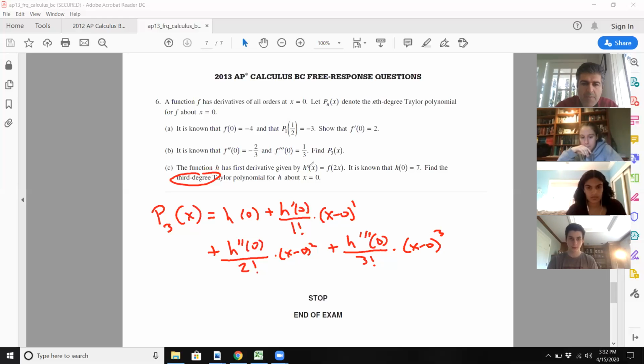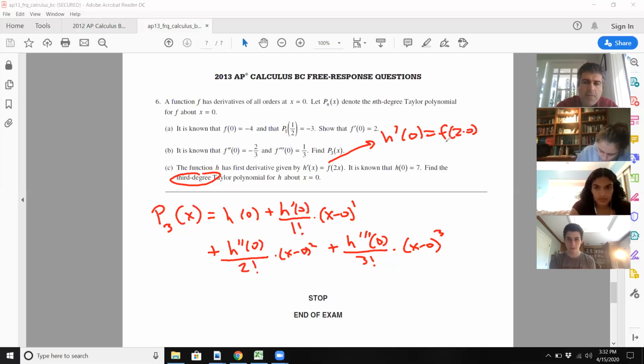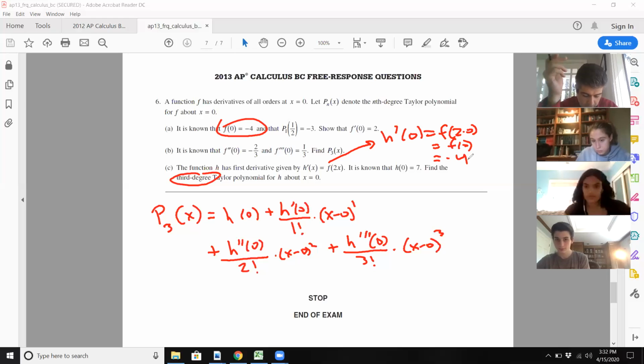But it is related to f, because h prime of x is f of 2x. So h prime of 0 is f of 2 times 0, which is f of 0, which we kind of already know from over here. So that should be pretty easy.